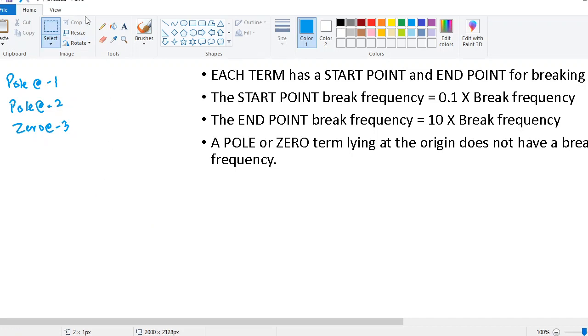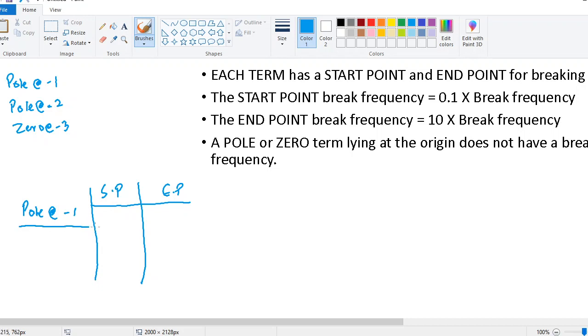So let's first of all create the start point and the end point. So the pole at minus 1, let's call this the start point, the end point. And let's just draw a line to separate these two. Then you have the pole at minus 2, and then you have the zero at minus 3.